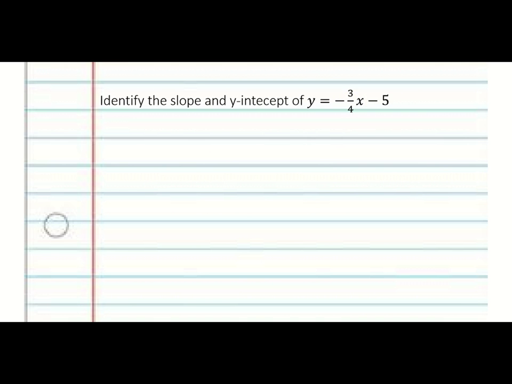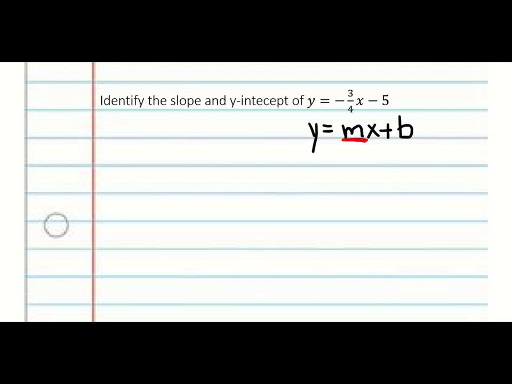Our next example, identify the slope and y-intercept of y equals -3/4 x minus 5. So again, we're working with slope-intercept form. So our equations are in the form y equals mx plus b. So when we identify the slope, it is represented by m.